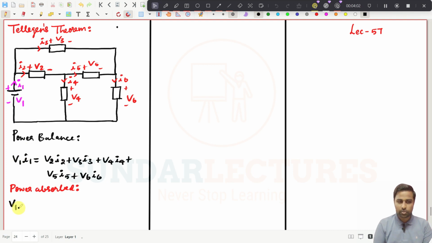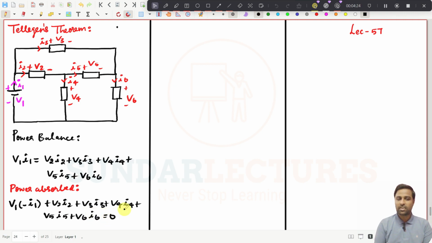So this is minus V1 I1 plus V2 I2 plus V3 I3 plus V4 I4 plus V5 I5 plus V6 I6 equal to 0. The summation of all the power delivered and power absorbed in an electric network should be 0.